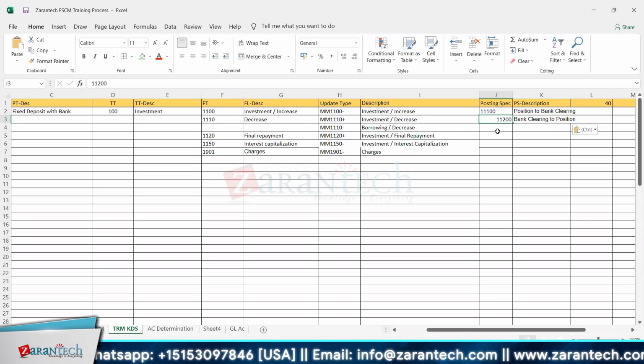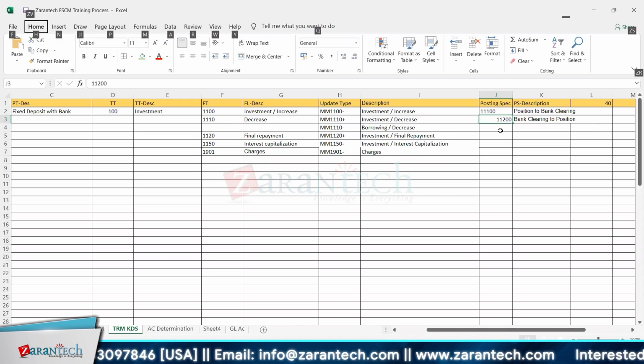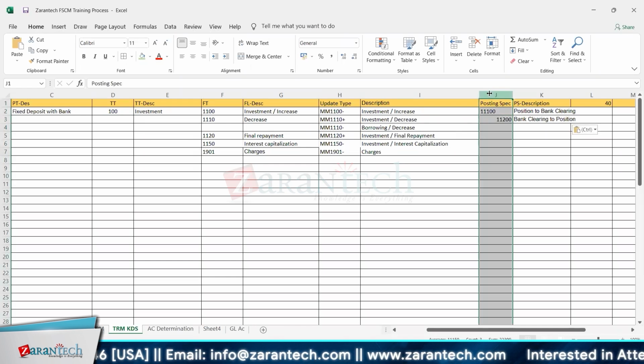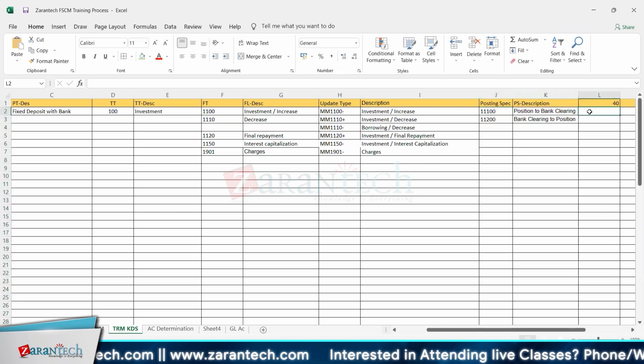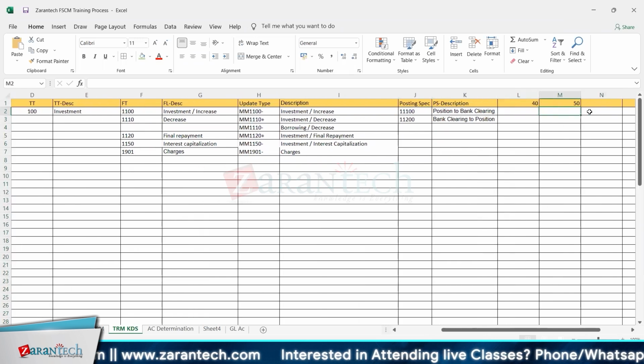Okay, but where are we assigning the GL account? Now I'll show you. I'm going to go one step at a time. Currently I'm doing the assignment of update type to posting specification. The next step will be this GL account.